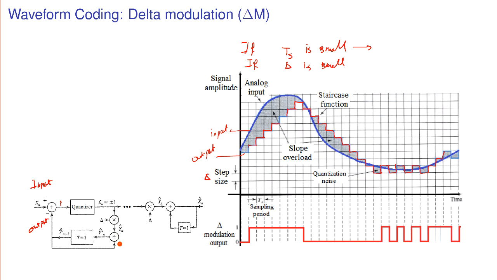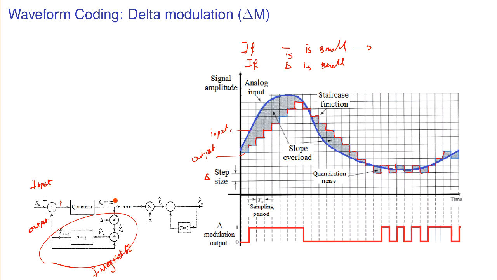But this ±1 goes to an integrator. This is an integrator, because either I go one delta up or one delta down. So if En is +1, I go up by an amount of delta.